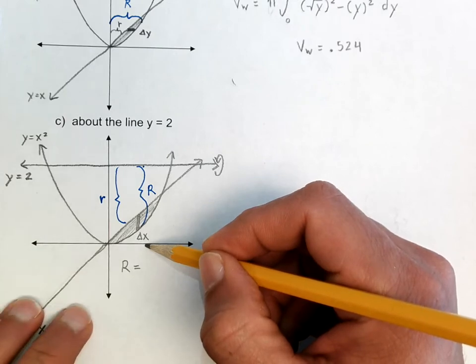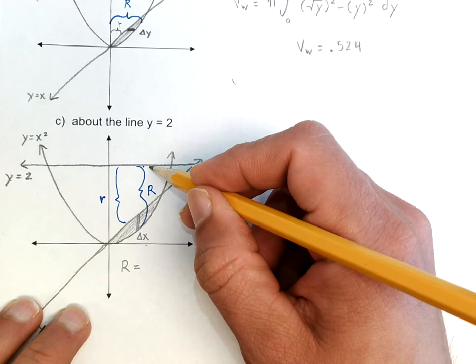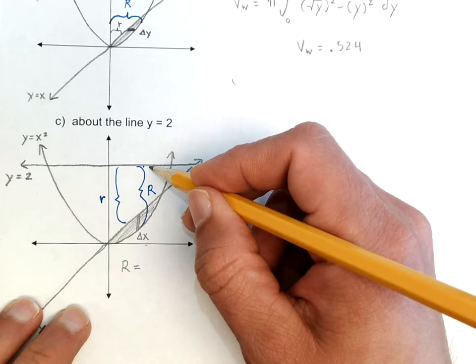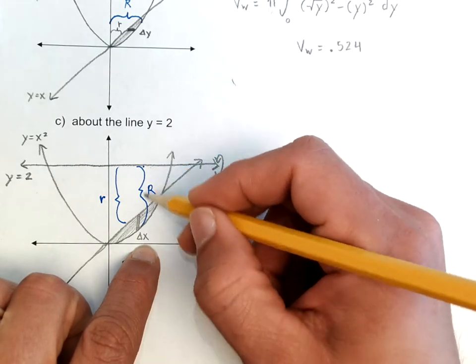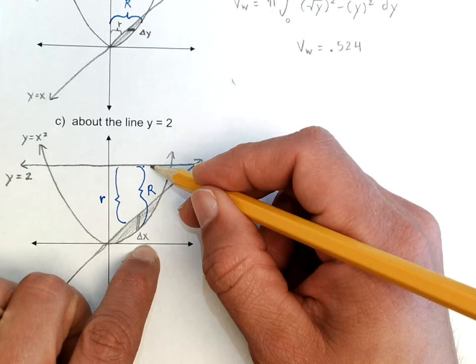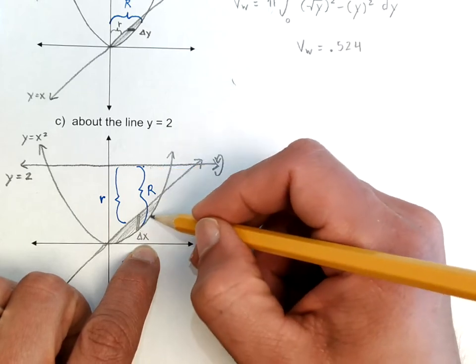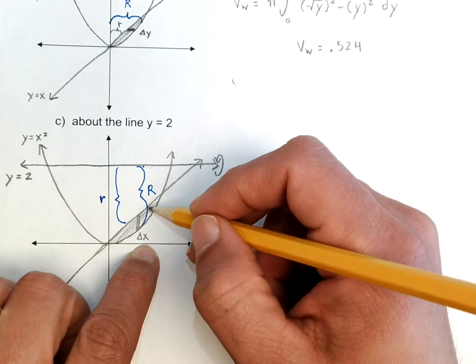The radius from here to here would be 2, but that's not the radius that I want. I just want that little piece. So if I have that 2 right there and I subtract this curve, I would have that radius that I need.